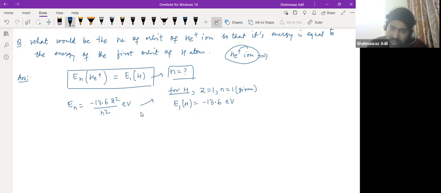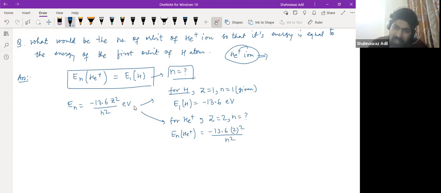Now we have to calculate for helium plus ion. So what is Z? Z is 2, right? And n we have to figure out. So if we calculate En of helium plus ion, that would be minus 13.6 into 2 square divided by n square. And from the question it is given that En of helium plus is equal to E1 of hydrogen.